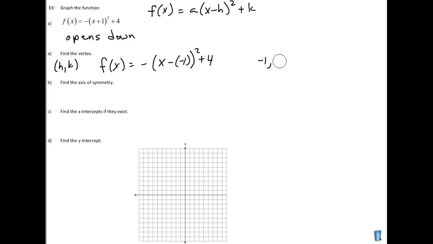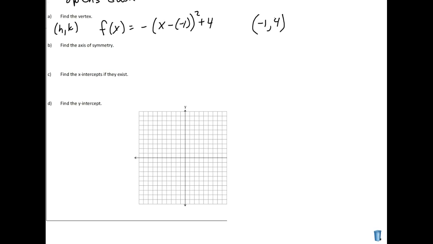You don't even have to write positive 4, you could just write 4. So my vertex is (negative 1, 4), and I can put that right on my graph. That's going to be my vertex, and since it's opening down, that's going to be my highest point. My axis of symmetry is always just x equals whatever my h value is, negative 1 here.